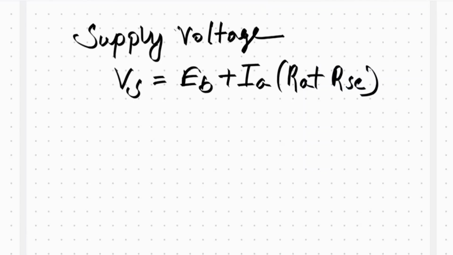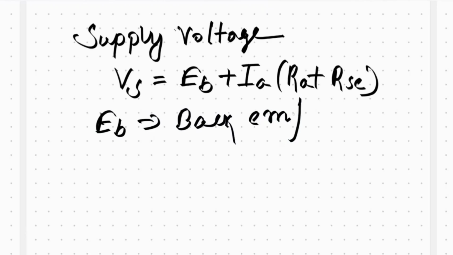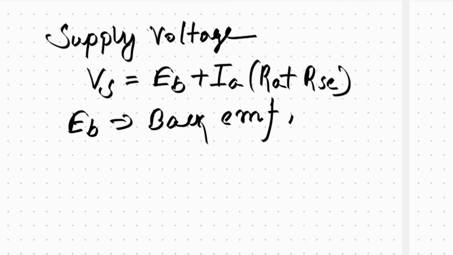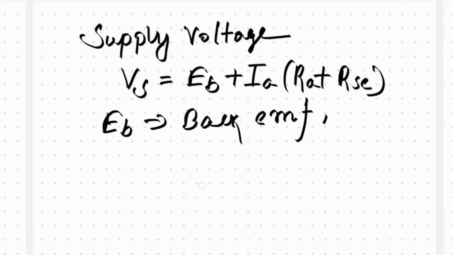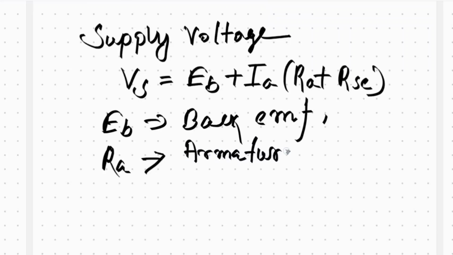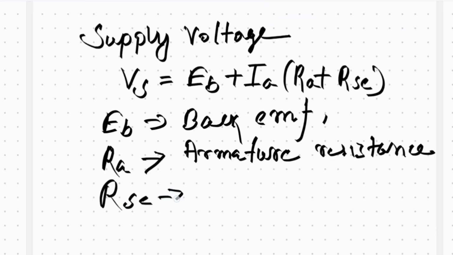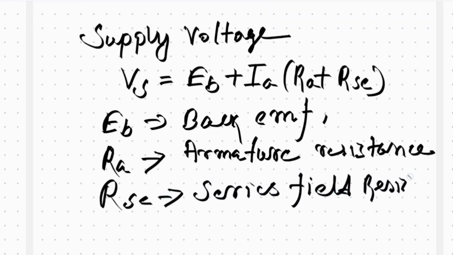Here EB is the back EMF, RA is the armature resistance, and RSE is the series field resistance. So this is all about the DC series motor.